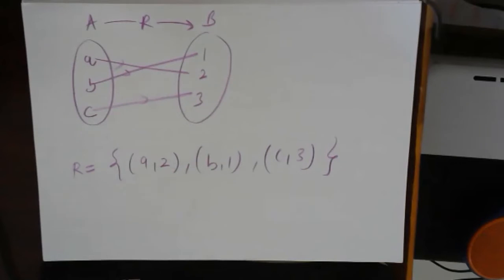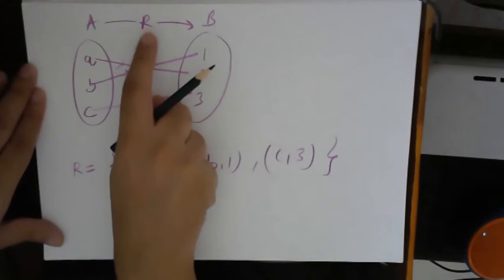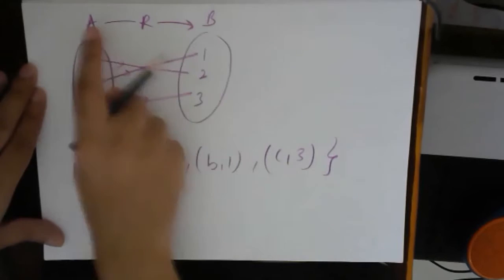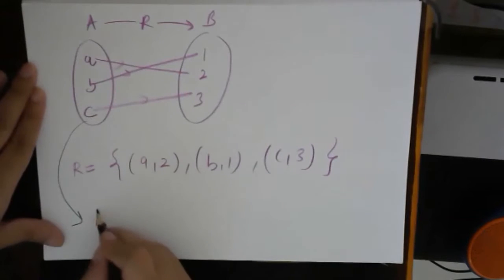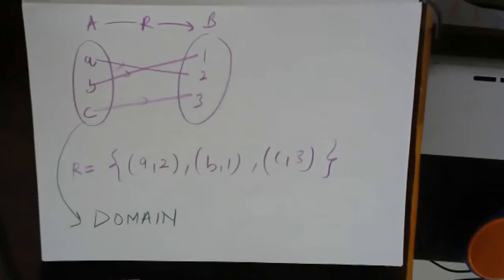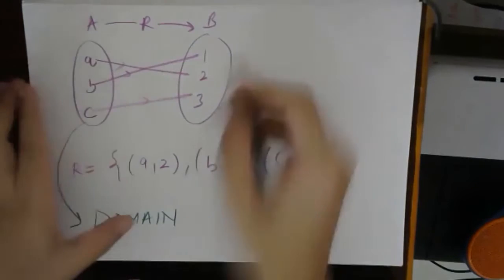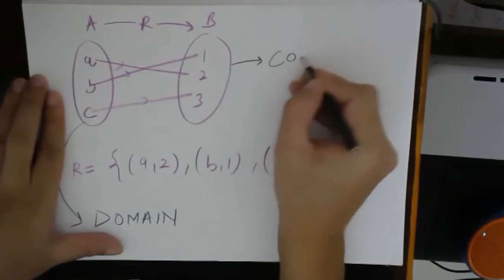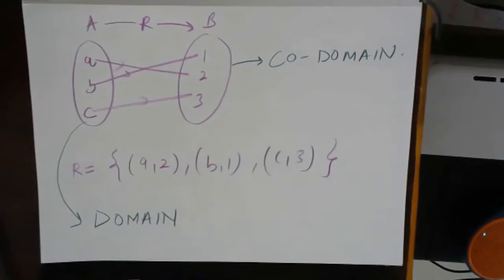Now we'll give some more definitions. Suppose we have a relation from set A to set B. Then we will call set A the domain, and the set to which the relation is done, we'll call the codomain. The domain thing you must have heard before also, so it is not hard to relate.